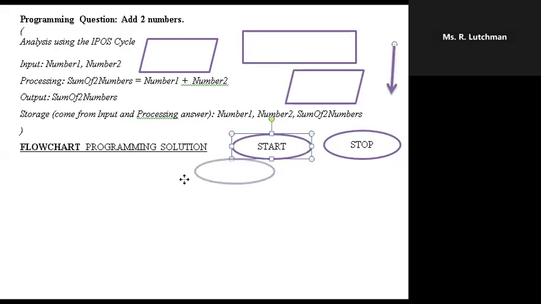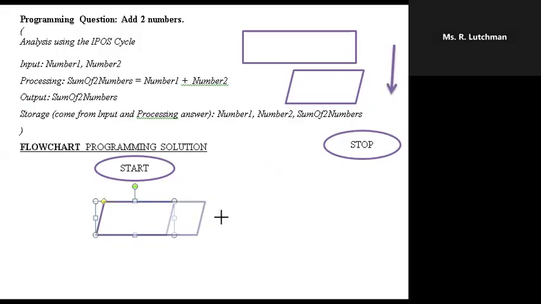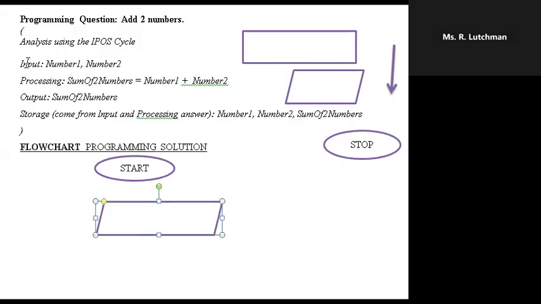Okay, the start is the obvious one. And then we just follow what we did in our analysis. So I'm going to put an input symbol here, and in my analysis we have two inputs, number one and number two.